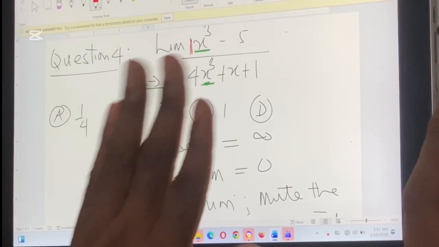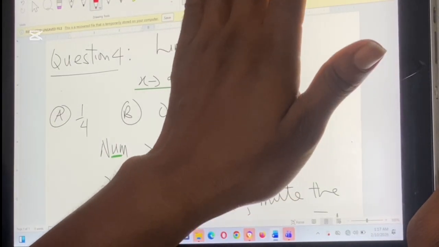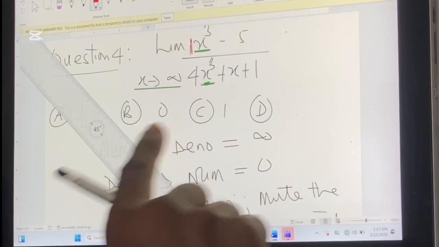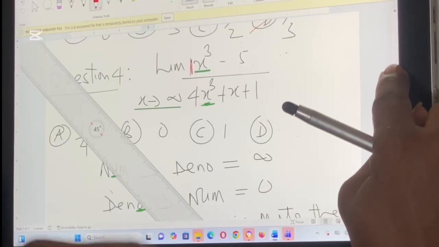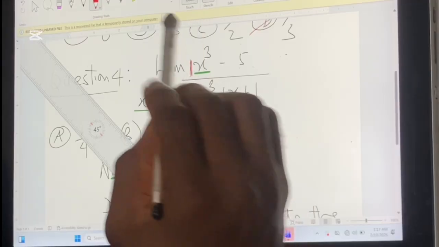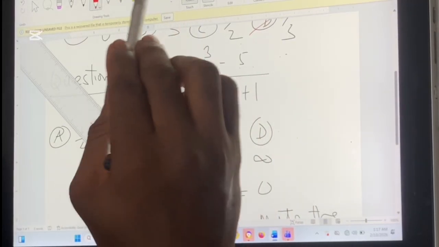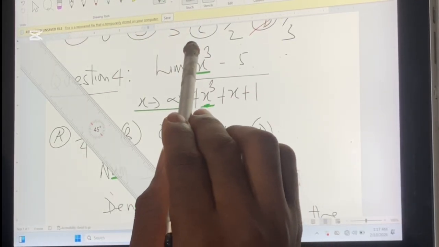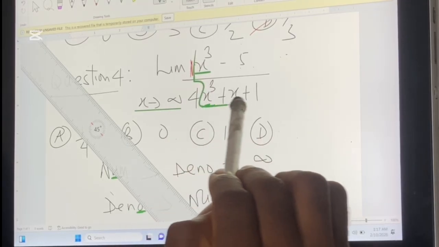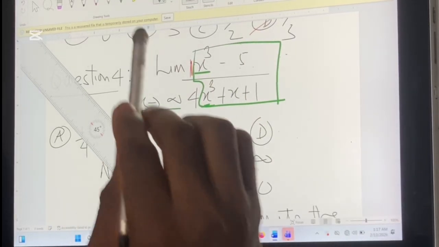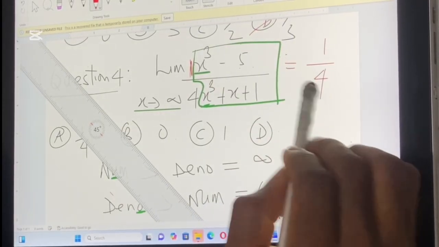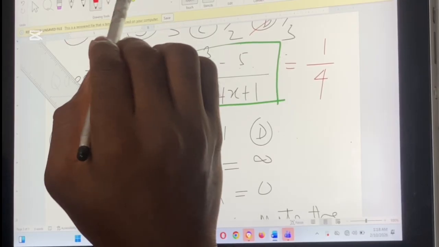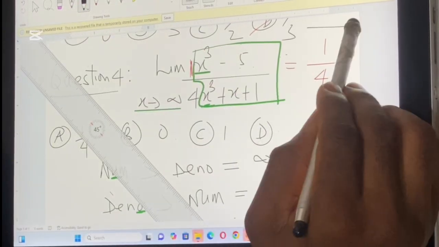Listen, please: you only take their coefficients. So I will mute the rest here, and our value will be equal to 1/4. This is our value here, 1/4.